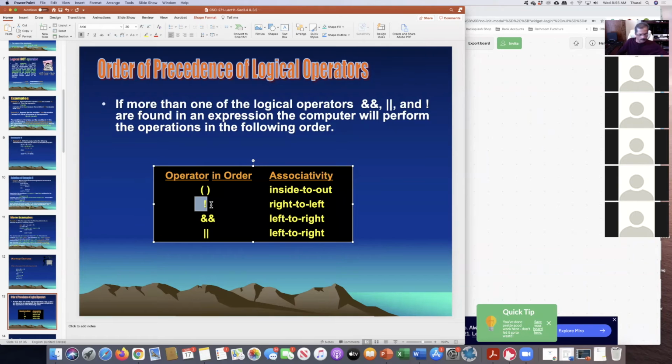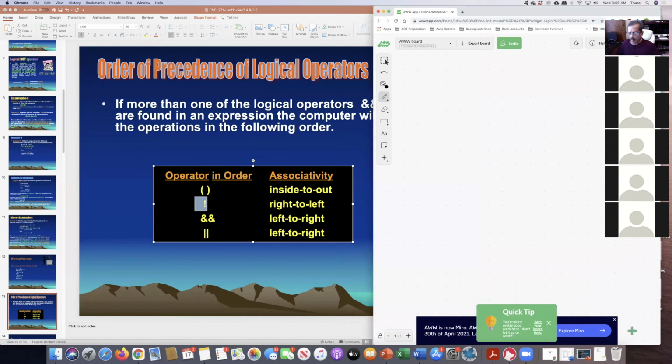Now let me explain why right to left. If I write something like this, k equal to x greater than y, and then you put an exclamation.